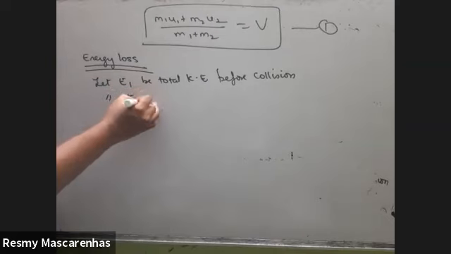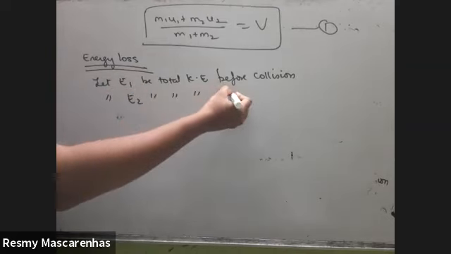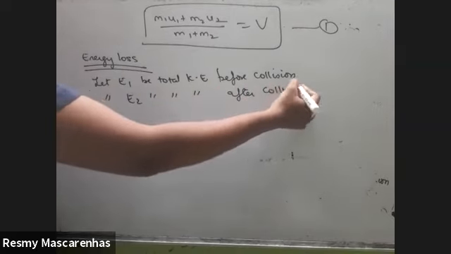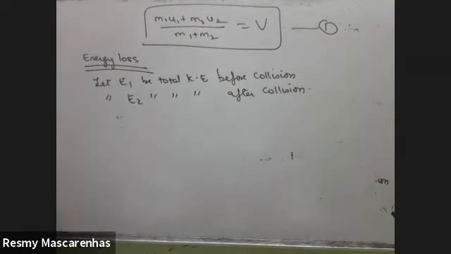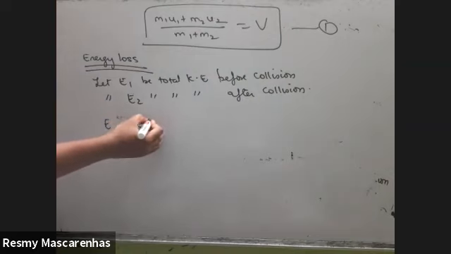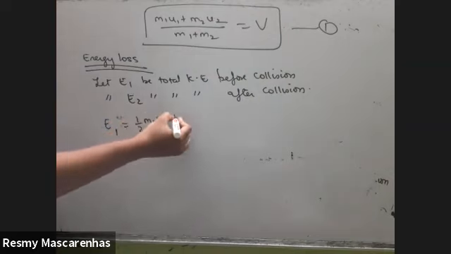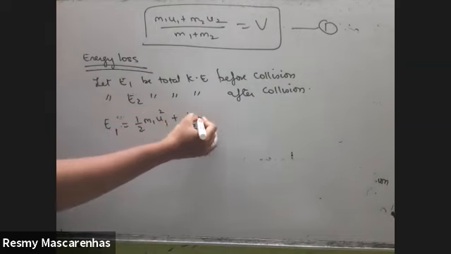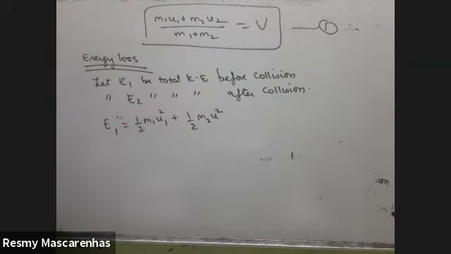Let E2 be the total kinetic energy after collision. So what is total kinetic energy before collision? E1 will be half m1 u1 square plus half m2 u2 square.